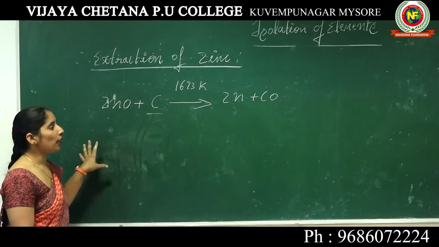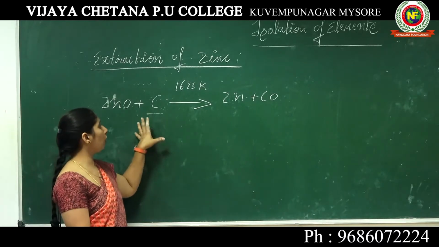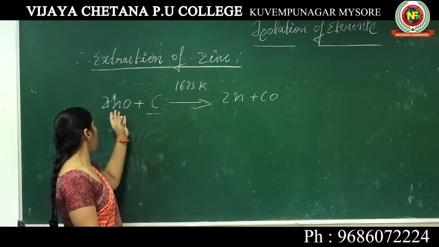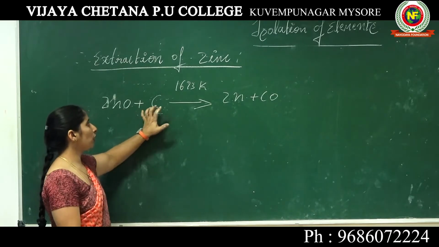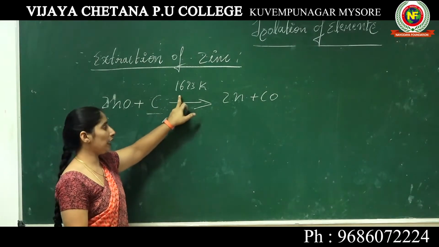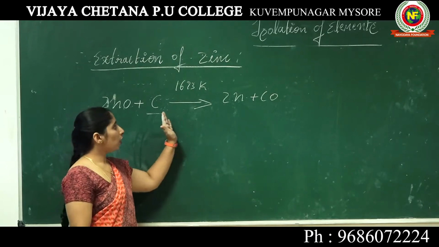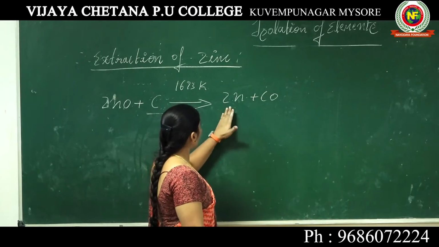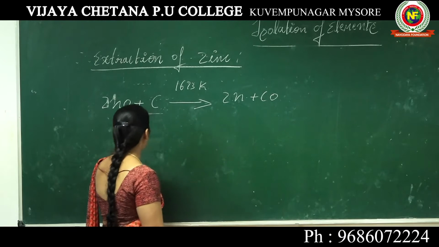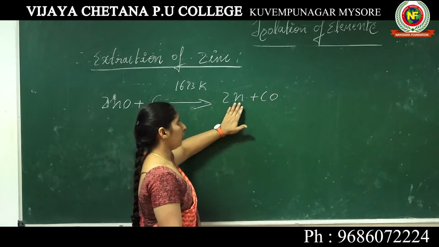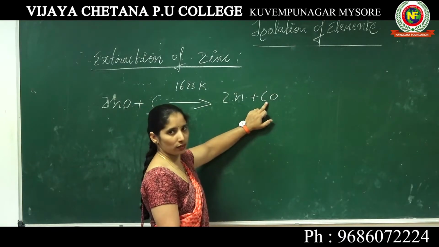It is one of the instruments operators use. This zinc oxide reacts with coke at 1673 Kelvin in a vertical retort. Hence the zinc oxide is reduced to zinc and carbon monoxide gas.